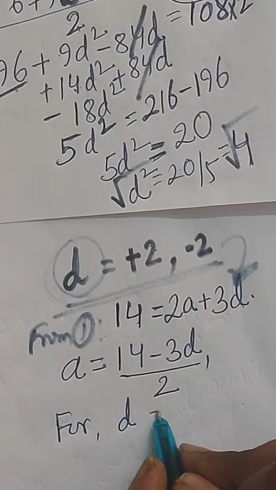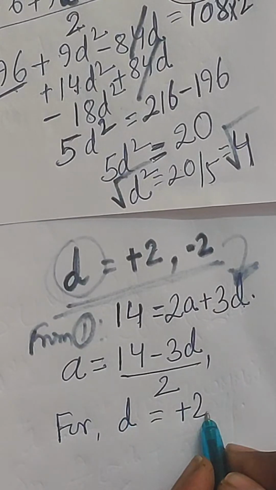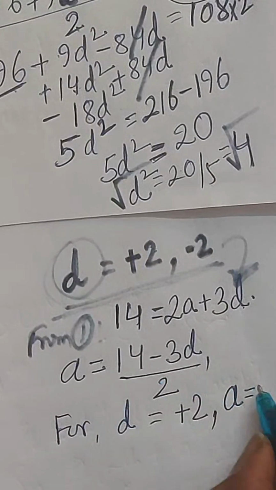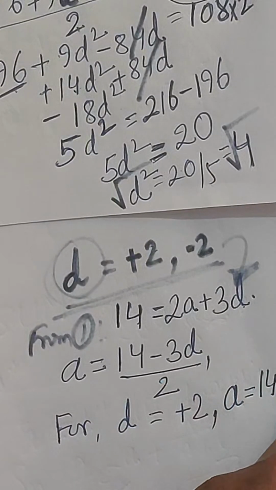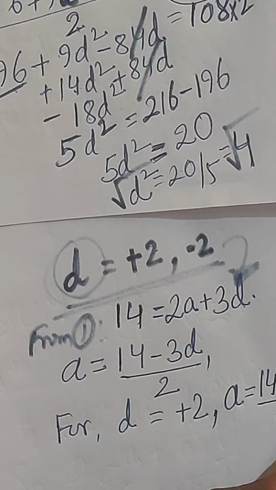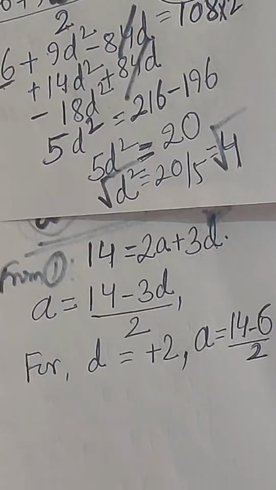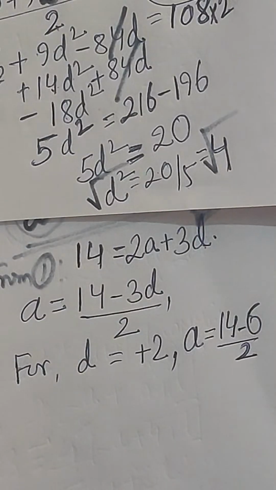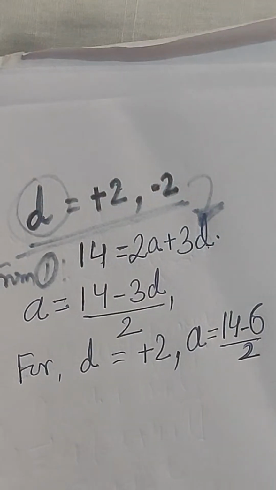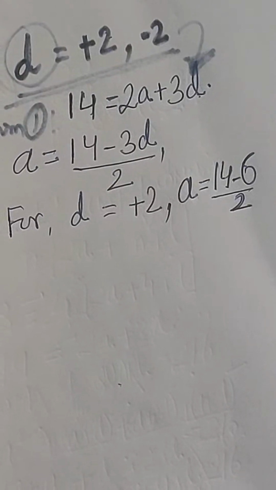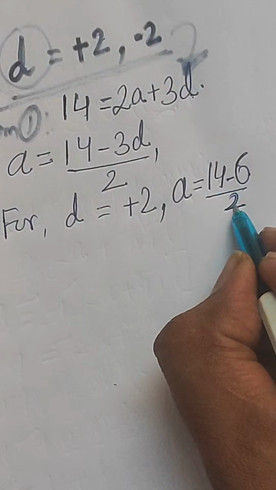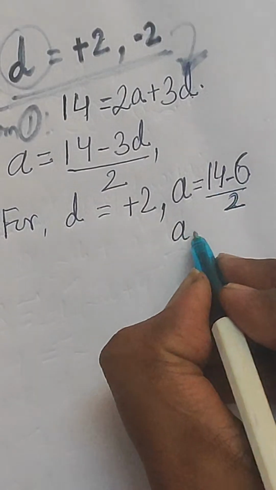So since the value of d, when you take it as 2, for d is equal to plus 2, then the value of a is 14 minus 3 into 2, which is 6, by 2, right? So 14 minus 6 is 8, 8 by 2 is 4. This will give you the value of a as 4.